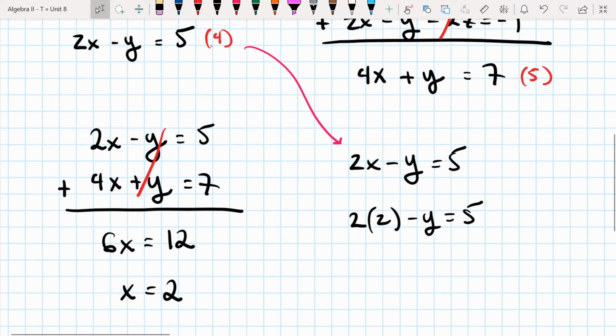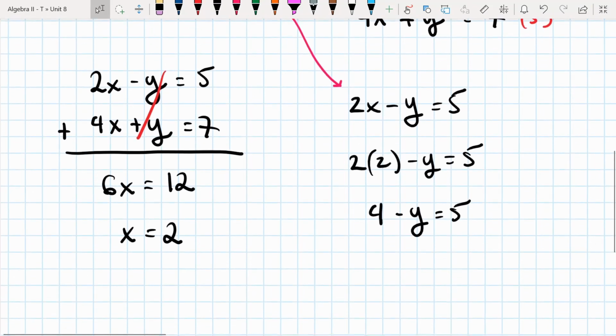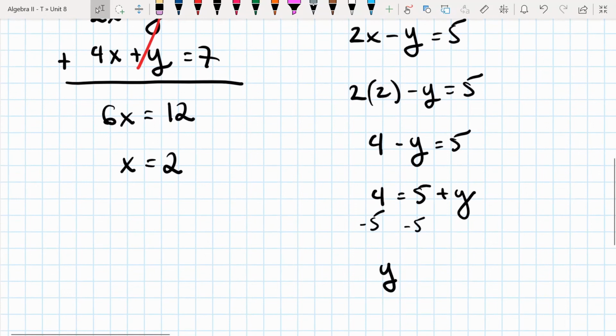So if we plug in x equals 2, 4 minus y equals 5. Let's add y on both sides. And then subtract 5. So the y value is -1.